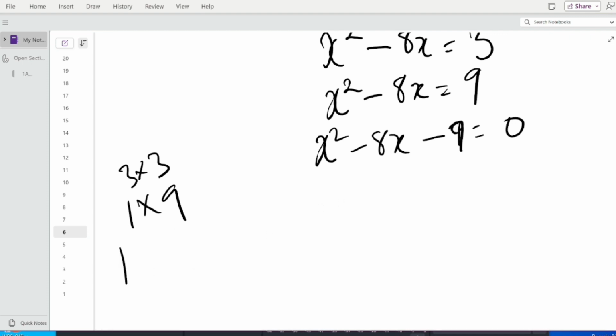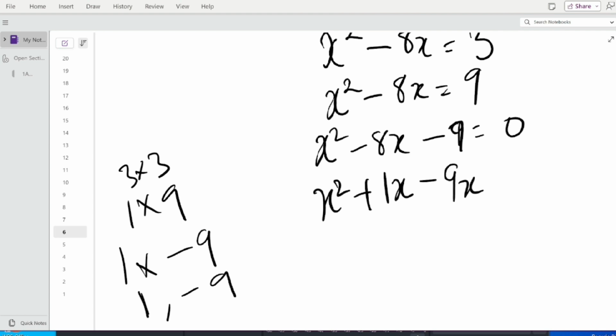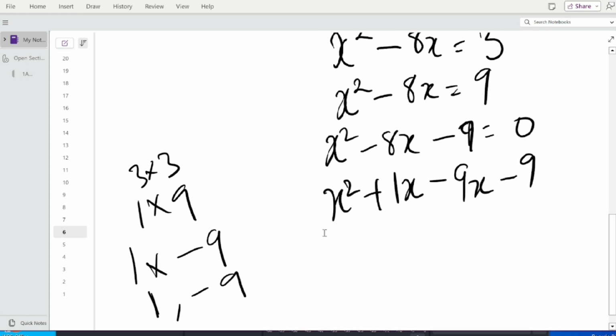So you have 1 and minus 9 as our values. That means we have broken down this minus 8x into x and minus 9x. We have x squared plus x minus 9x minus 9, our constant, equals 0.